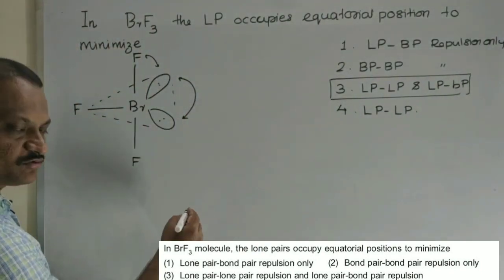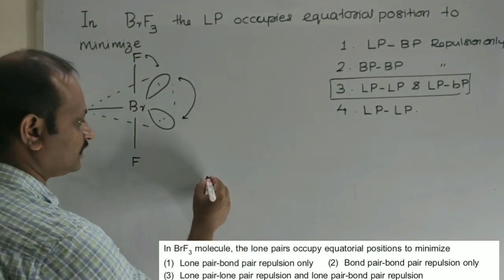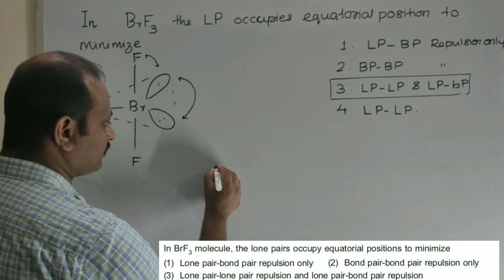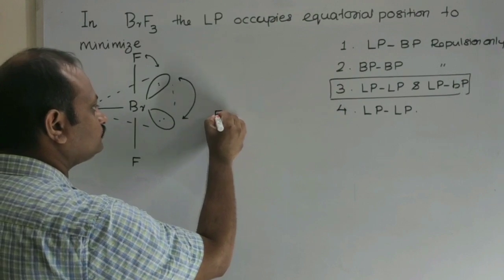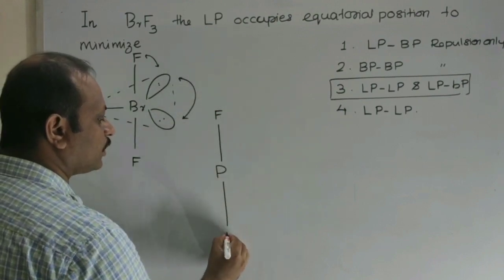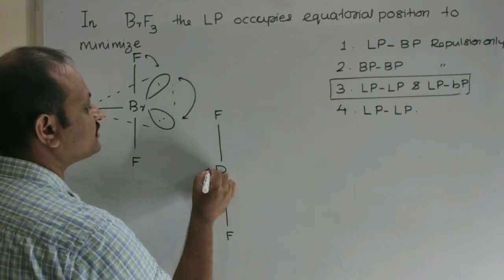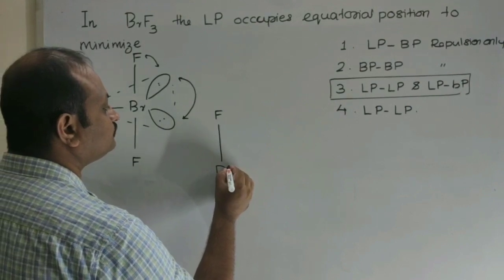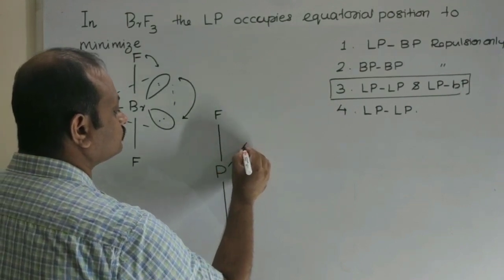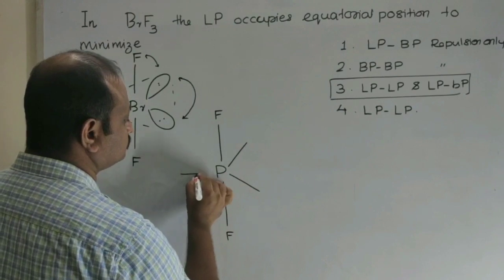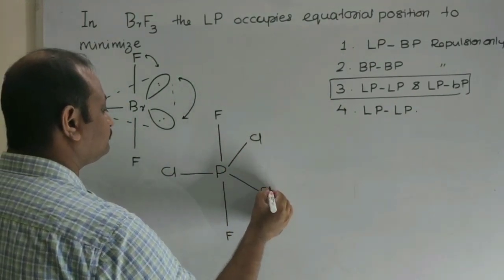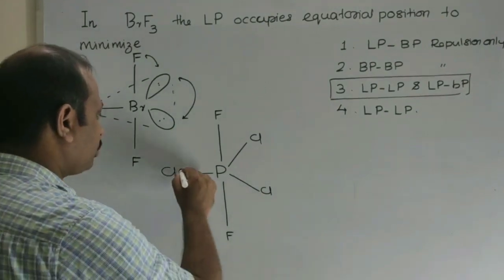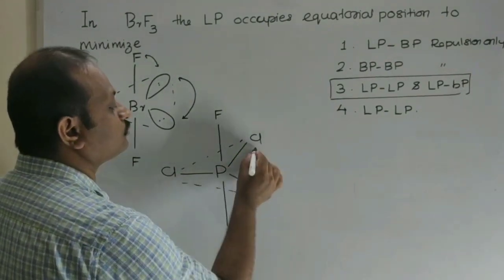I'm just drawing the first one, PCl3F2. Phosphorus at the center. So here fluorine, and next, here also fluorine. So this compound is PCl3F2.